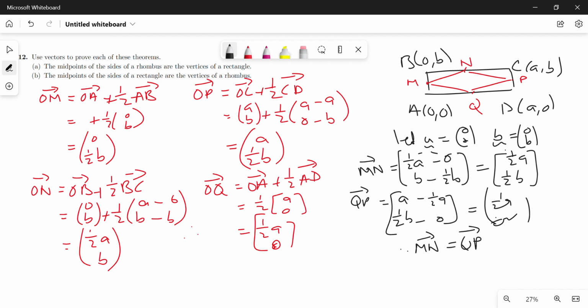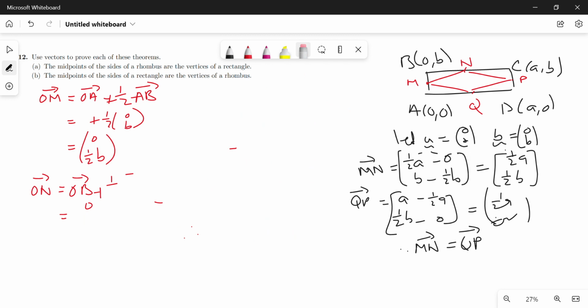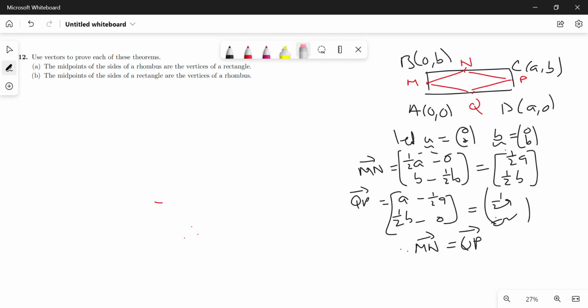Now NP, so hopefully you've got these down so I can use this area here. NP, let's have a look at that one. Come on, pen. Here we go, it's a bit slow. NP being P minus N, so we should have (half a, negative half b) there.